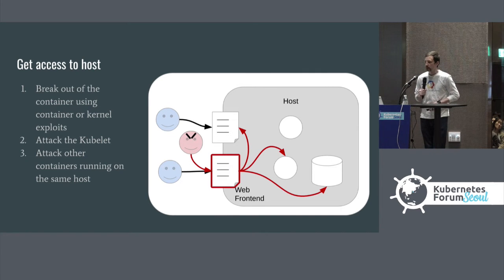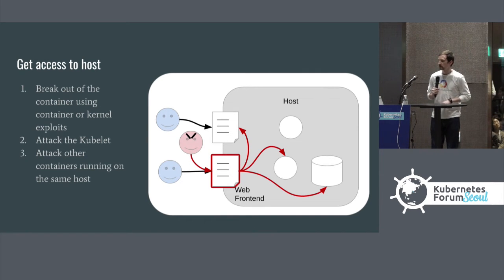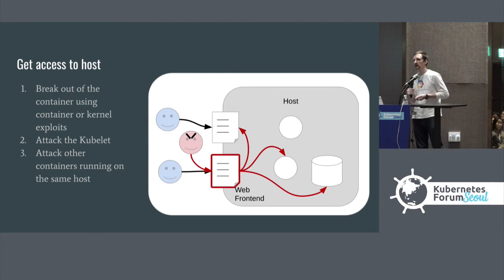Another way that you might attack a cluster would be to break out of the container and then try to get access to the host itself. This is a single worker node in the Kubernetes cluster. The attacker could then read data off of other containers or the configuration of the kubelet in order to further attack the cluster and get escalated privileges.